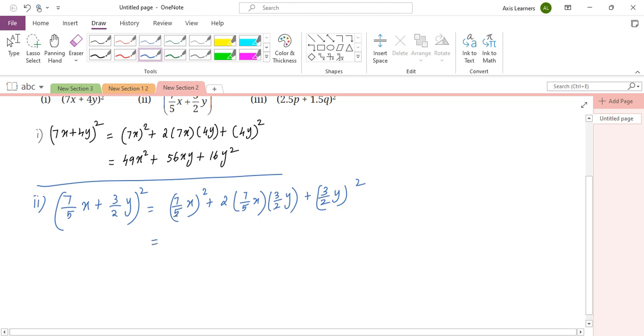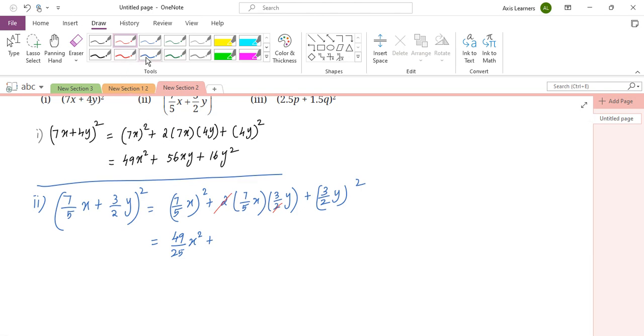What will come? 7 by 5x the whole square. 7 square is 49, 5 square is 25. So 49 by 25 x square plus, here we can cancel this 2 and this 2. If anything is cancelable, you can do that, because we are doing simplification.